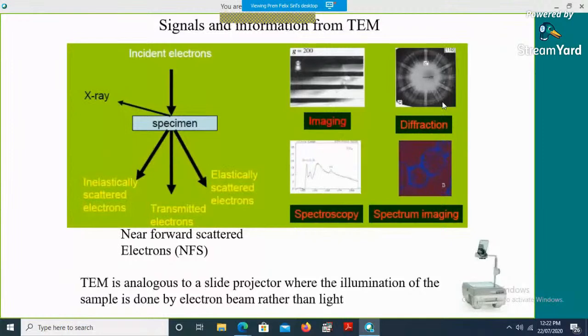The electrons which pass through your sample form a shadow of the sample, like the old-time overhead projectors. There you have a printed sheet kept on a glass, illuminated from the bottom, and then projection takes place on a screen. So TEM is like a projection.